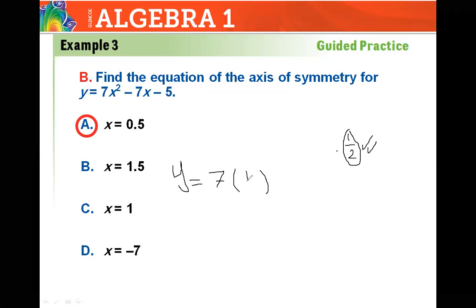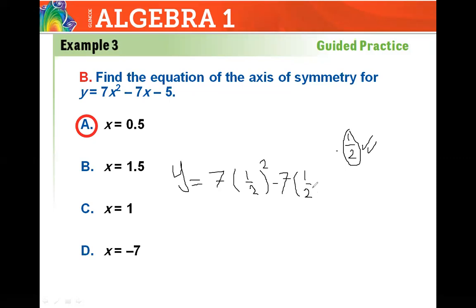So I put half here, but I need x power 2, so I write x power 2 minus 7 multiplied by the value of x, which is half, minus 5, and calculate to get the value of y. Only after you get the value of y, we write x and y, and the order is very important. You must write the value of x first and then the value of y. You understand? Yes, miss. Okay.